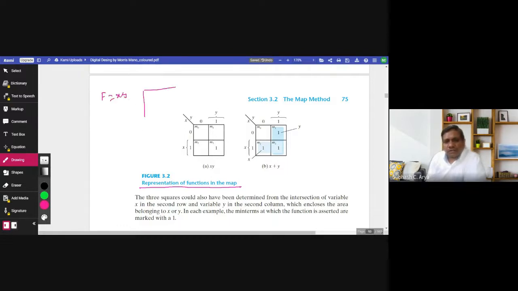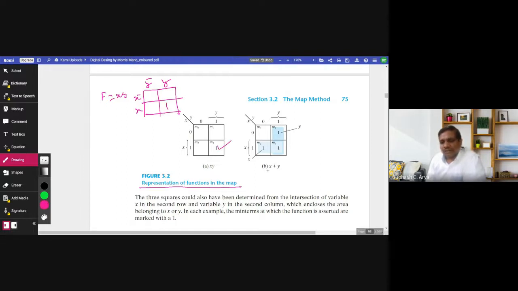You just draw a two variable Karnaugh map, x bar x, y bar y. This is your x bar y bar, this one is x bar y, this is x y bar, this is x y. Since f is equal to x y, the function gives 1 at x y. So this is how it is represented here.